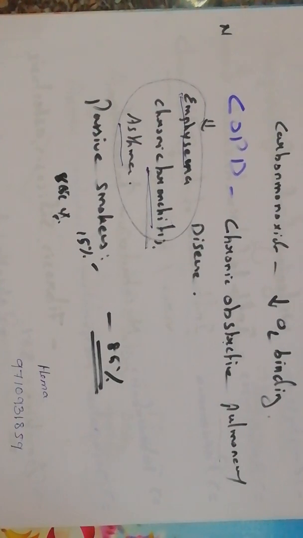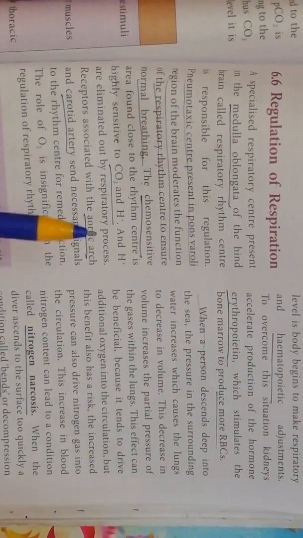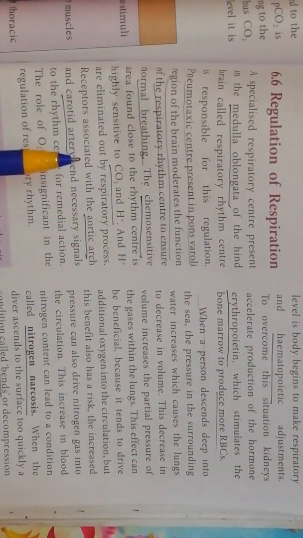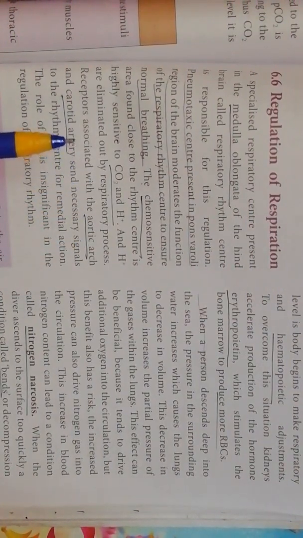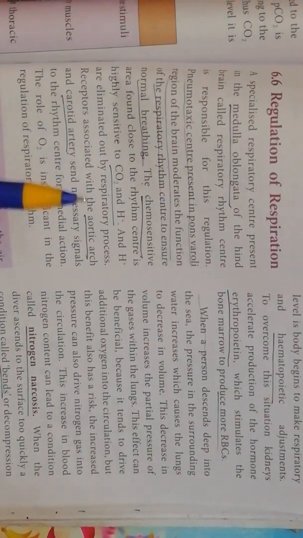And already for every session I have said what you have to learn from each topic. Especially for today's class, we go to the regulation of respiration, on page number 131. There are two scenarios there: chemical control as well as nervous control.